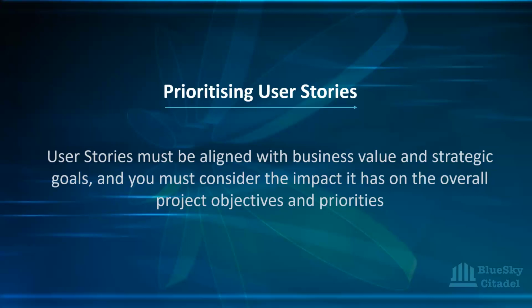You want to capture feedback during these reviews and incorporate any necessary changes. Remember, this is agile, so you're making changes now. We have to be fluid, adaptable, and negotiable with our stories. Incorporate those changes where necessary so that you can improve the quality and accuracy of your user stories.